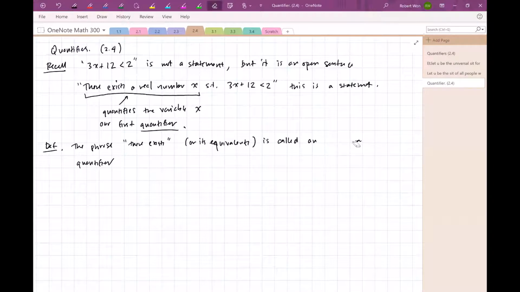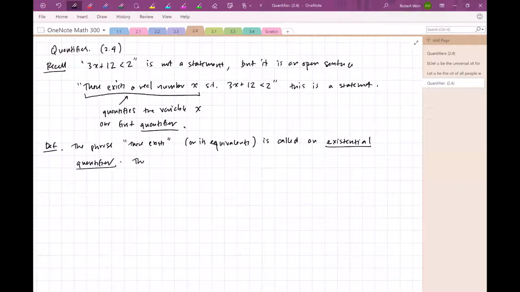Existential. Because what it does is it asserts the existence of such an x. Okay, so this quantifies the variable x by saying there exists some x.